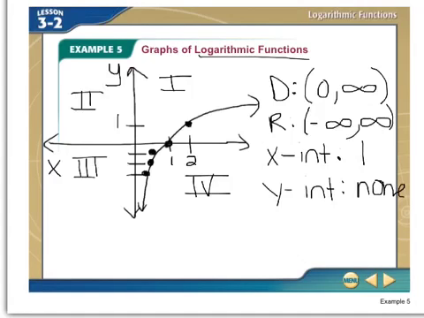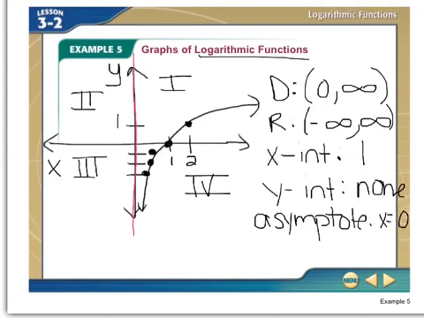This time your asymptote is not horizontal, it's vertical instead. So we're going to say x equals 0. X equals 0 is the y-axis, and our graph is going to approach the y-axis but never intersect it. And we want to know whether the function's increasing or decreasing.